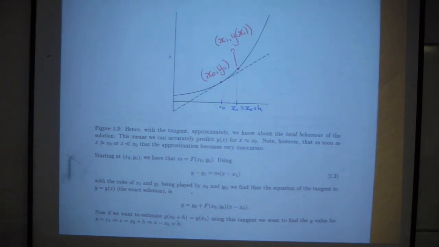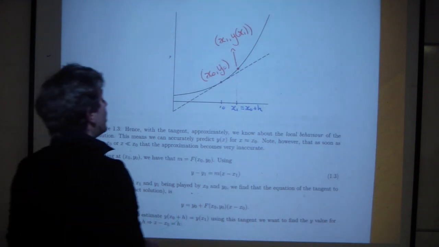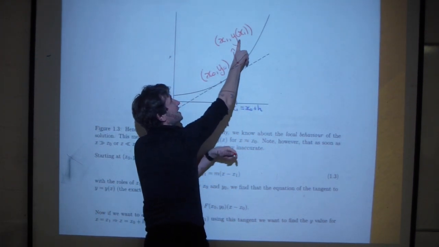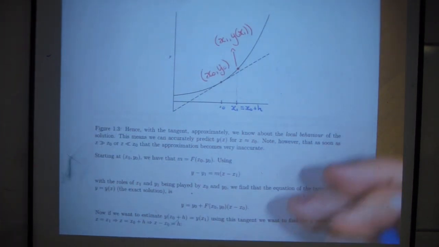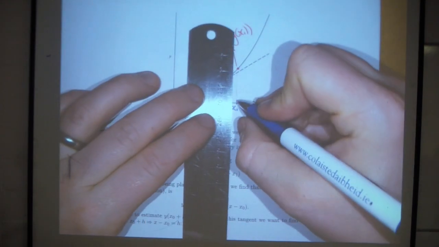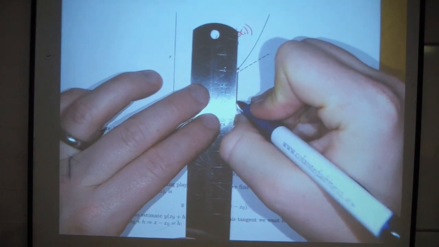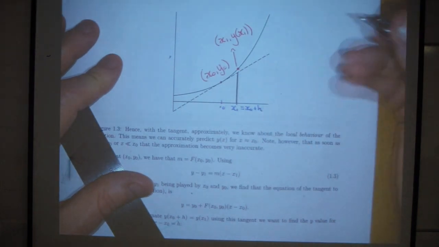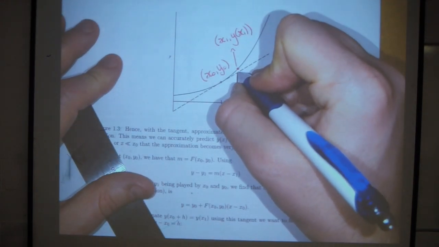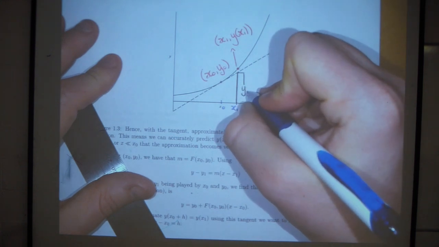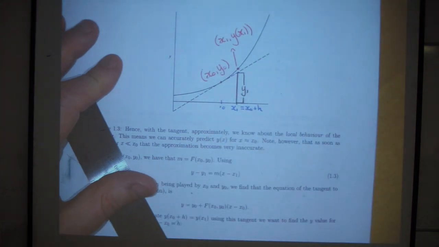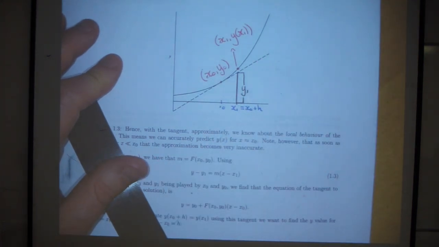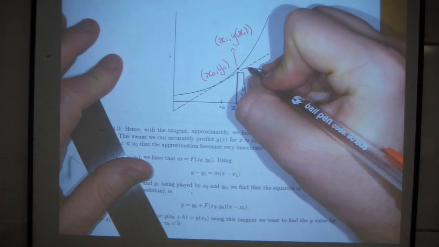Okay. Now what we want to do is use the y according to the tangent to estimate this. So if I draw a line up to the tangent, this is, kind of making it explicit, y1, and y1 is like the tangent approximation to the true solution, and the true solution at x1 is y of x1.